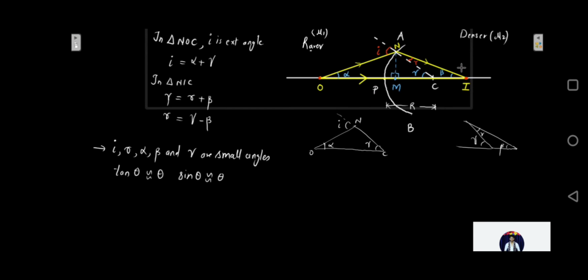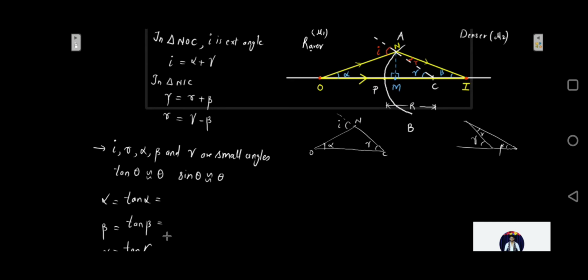So let's find out what is tan of alpha, tan of beta and tan of gamma, which will be same as alpha, beta and gamma based on the assumption that I have made.